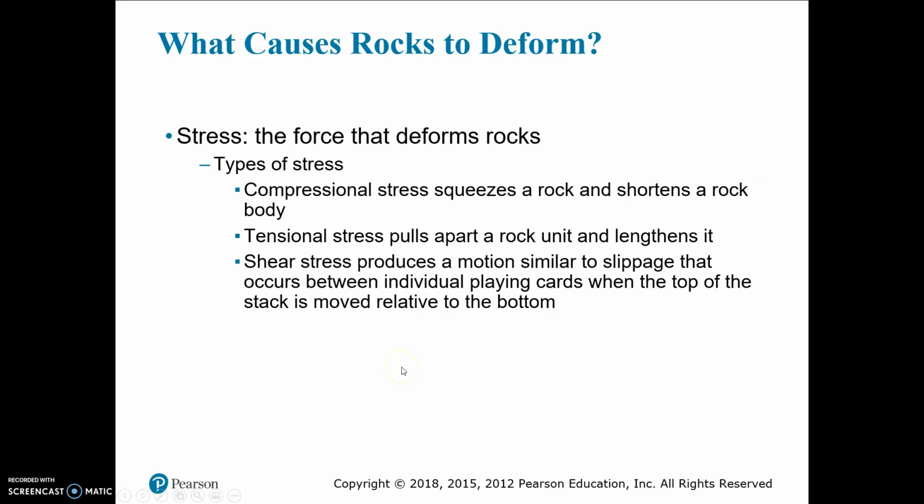So why do rocks deform? Well, it's stress. As we talked about when we were talking about the formation of rocks, we know that stress is one of the factors that allow us to transform an igneous or sedimentary rock into a metamorphic rock.